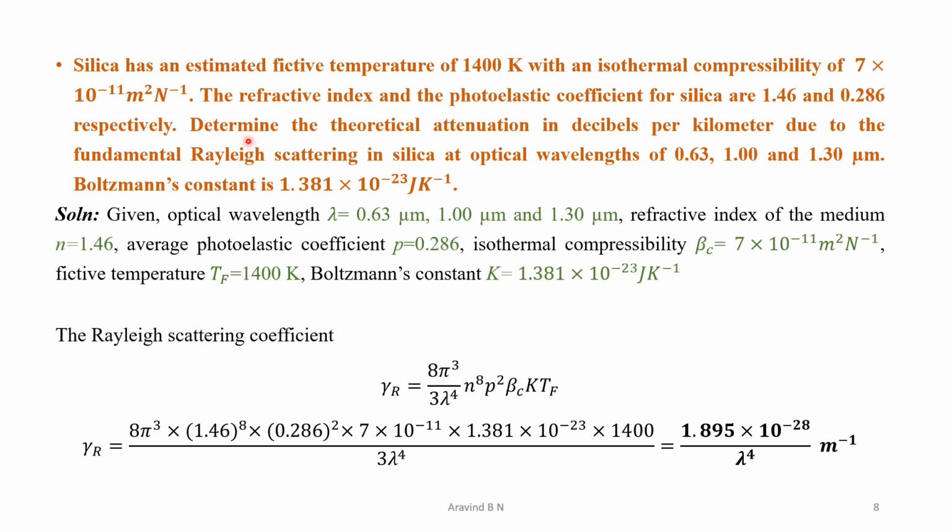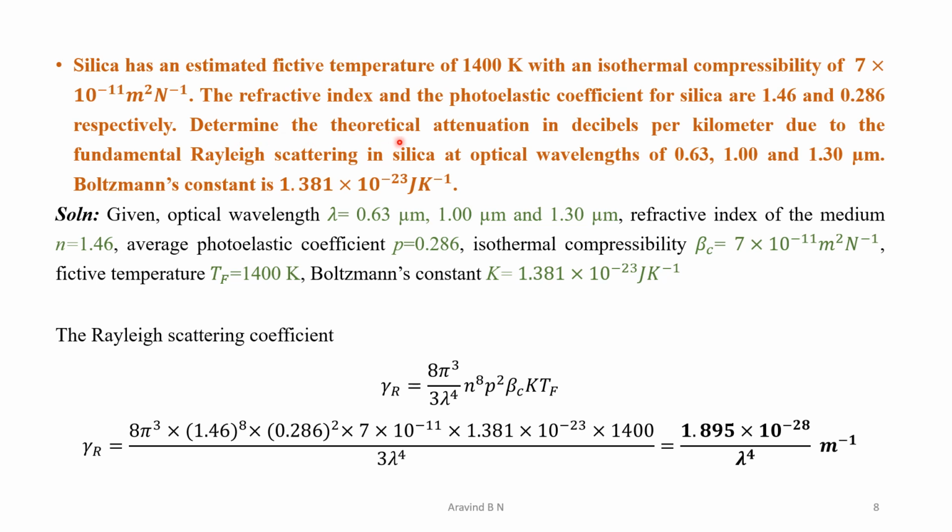Now let us go through a problem related to it. The problem statement: silica has an estimated fictive temperature of 1400 Kelvin with an isothermal compressibility of 7 into 10 to the power of minus 11 meter square per Newton. The refractive index and photoelastic coefficient for silica are 1.46 and 0.286 respectively.